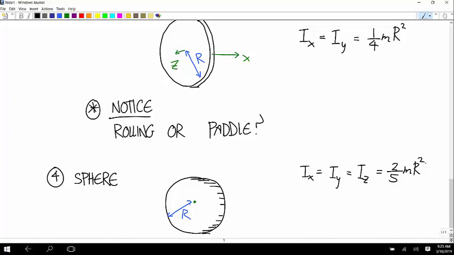A sphere bulges out, so if you're watching it roll from the side, now think of looking at it in the other plane. The mass is distributed closer to the center because of the round sides, you know what I mean? And so the more you have your mass distributed near the center, the smaller the mass moment of inertia is.